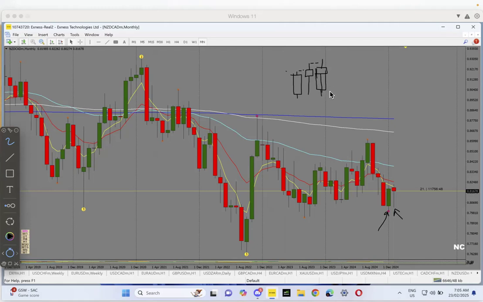Let me give you an example. You've got something like this. Forget the wicks for now, but I'm trying to explain something like that, where you've got the green candle there, then assuming this one beats the high of this one, and then this one comes next and starts to sell.